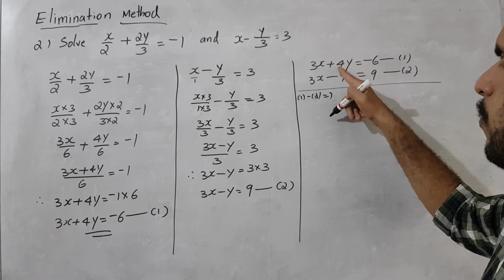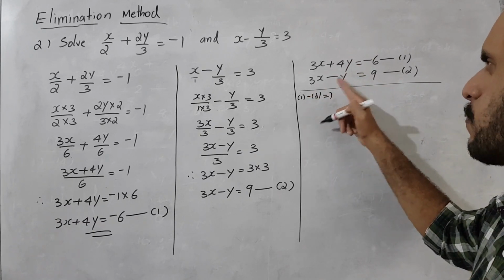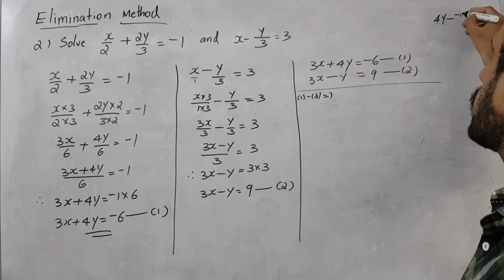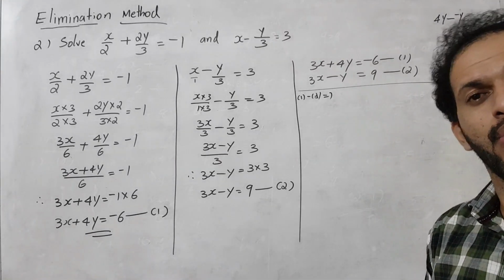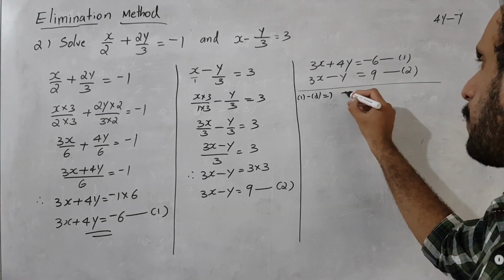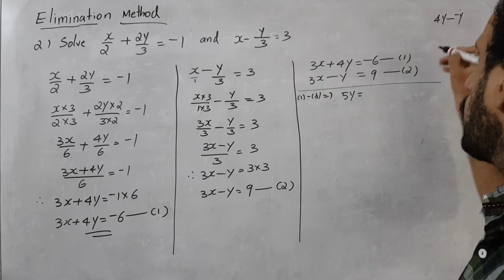Correct? Then 4y minus minus y. What is 4y minus minus y? That is 4y plus y. 4y plus y is 5y, equal to minus 6 minus 9.